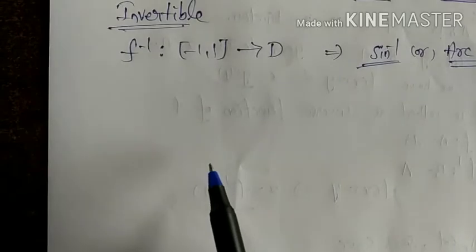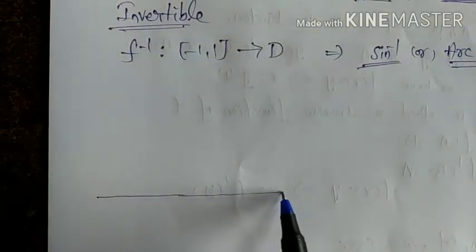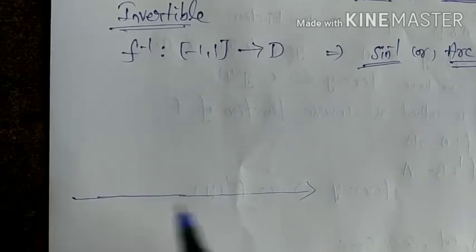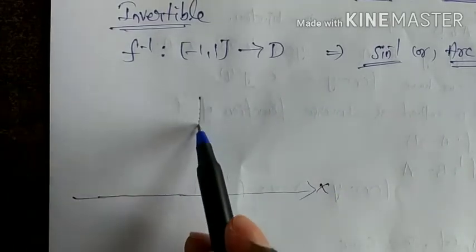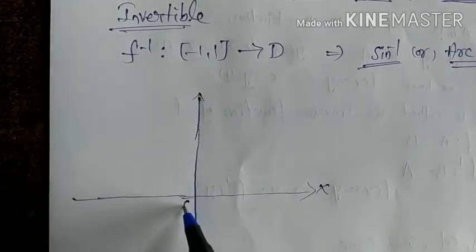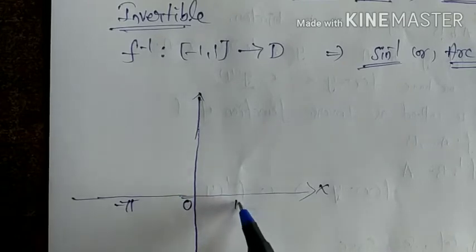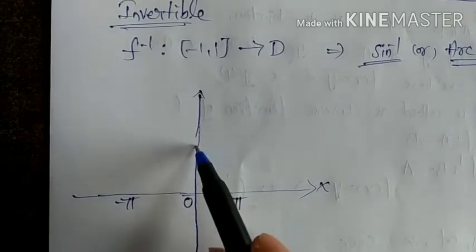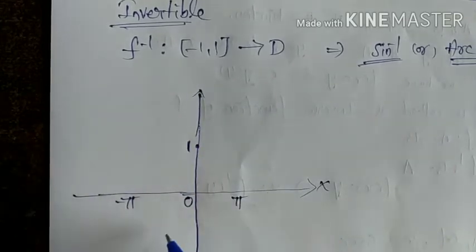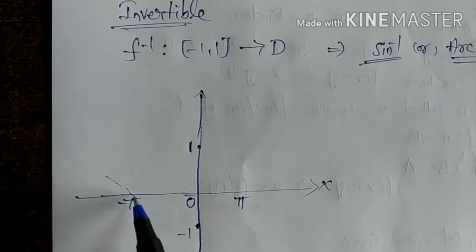Here this horizontal line represents the x-axis and this vertical line represents the y-axis. This intersection point is (0, 0). Negative values on this side, positive values on this side. The values are 1 and -1 here. If you draw the graph of sine function, it will come like this.